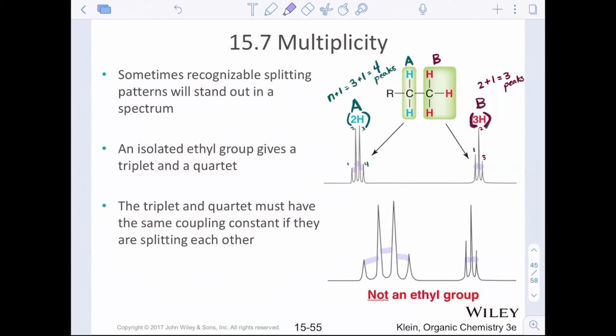Very, very important. Their actual coupling constant, which is the J value, it goes in depth with the J value in the textbook. I'm not going to be talking about those values, but what's really important is this distance here is going to be consistent for neighbors. All right, so because these two distances are different, these are not neighbors.